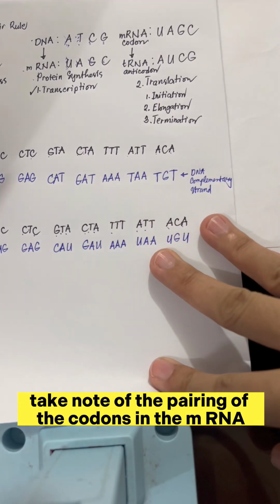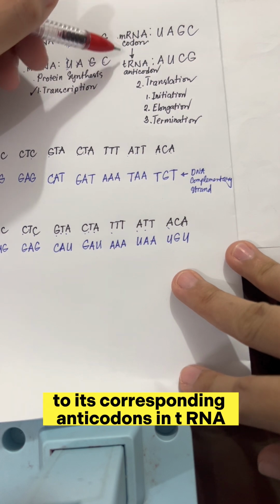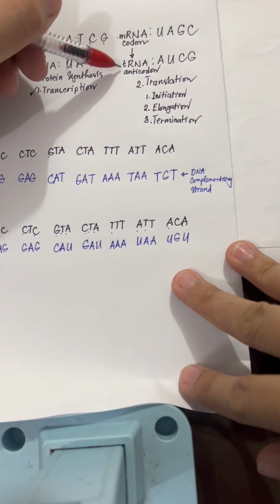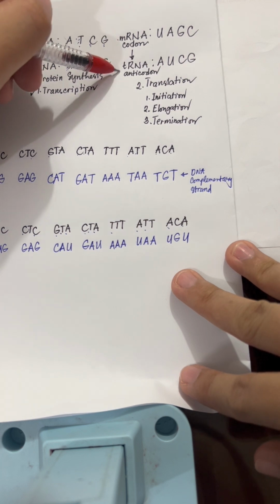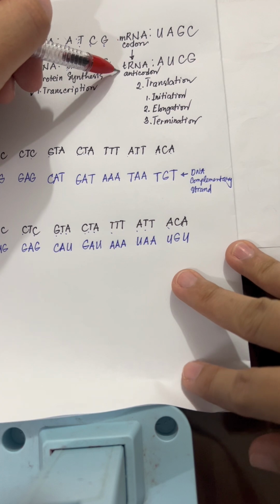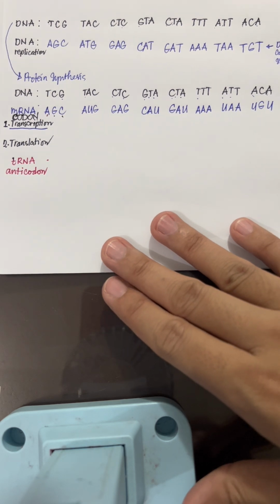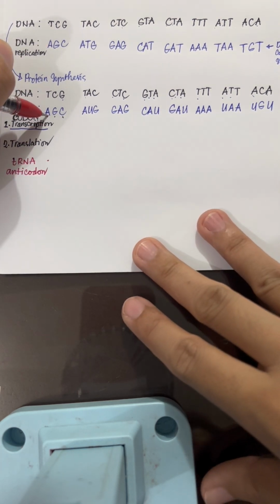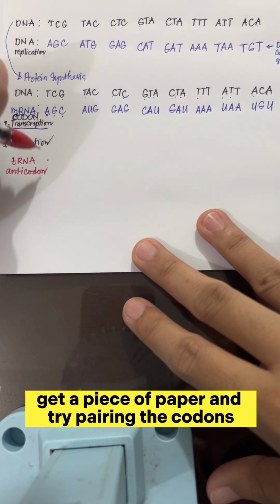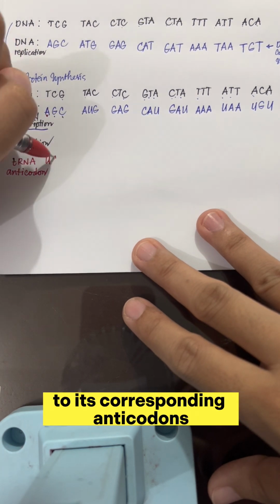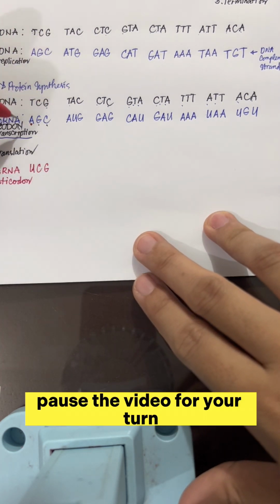Take note of the pairing of the codons in the mRNA to its corresponding anticodons in tRNA. Now let's start. Get a piece of paper and try pairing the codons to its corresponding anticodons. Pause the video for your turn.